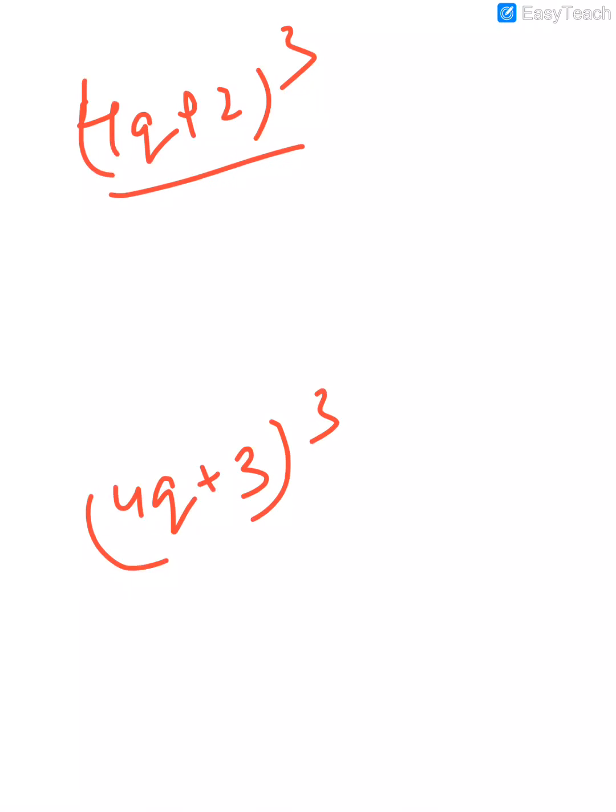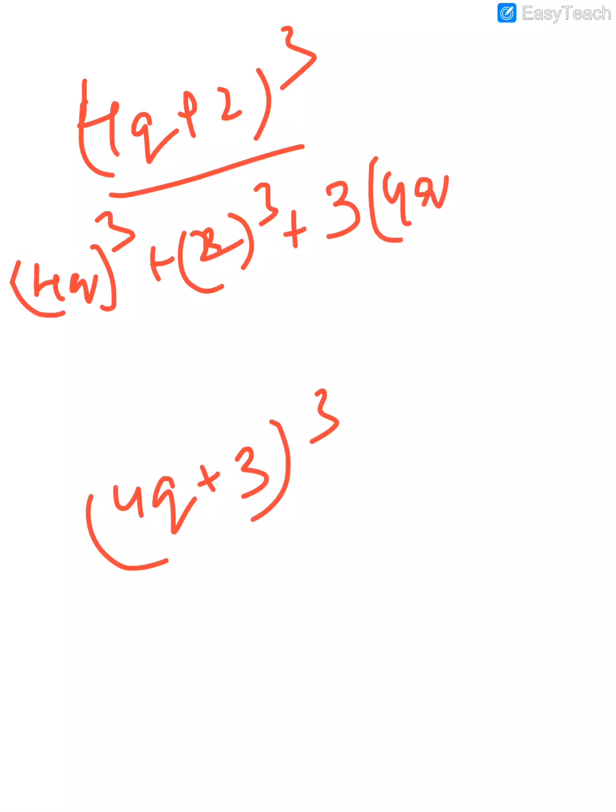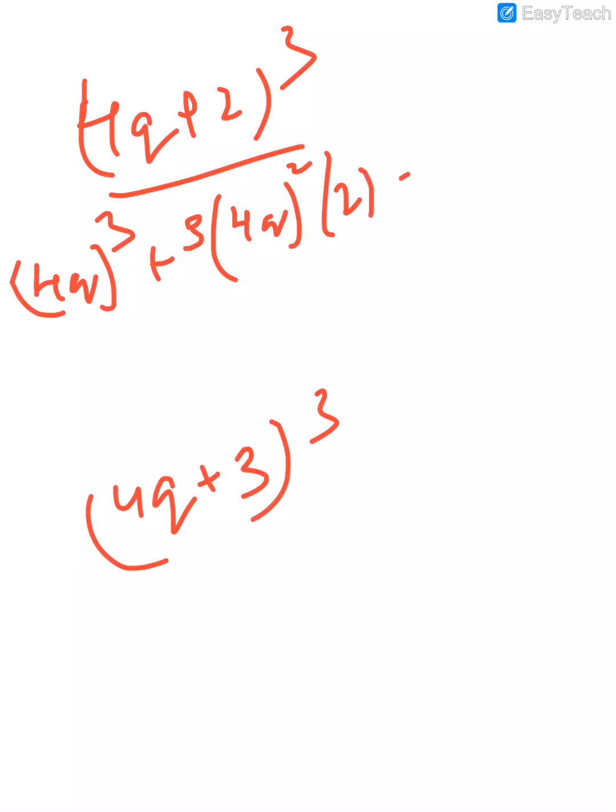This is again a plus b whole cube: a cube plus 3a square b plus 3ab square plus b cube, that is 2 cube.